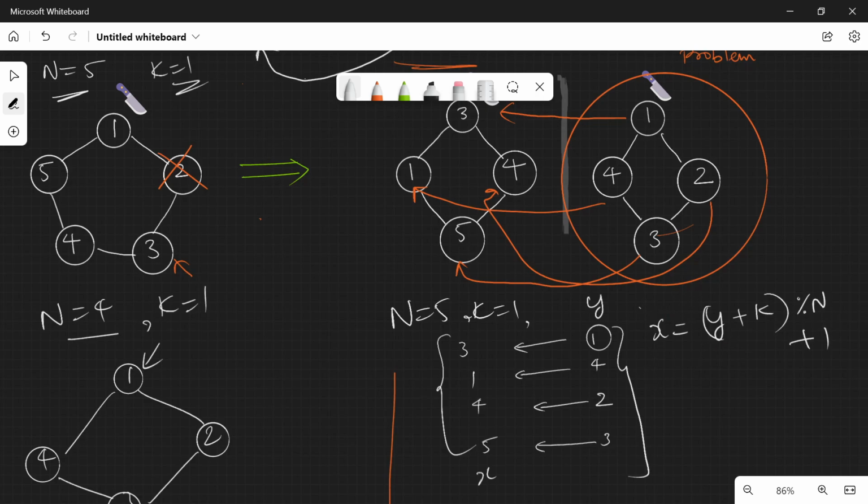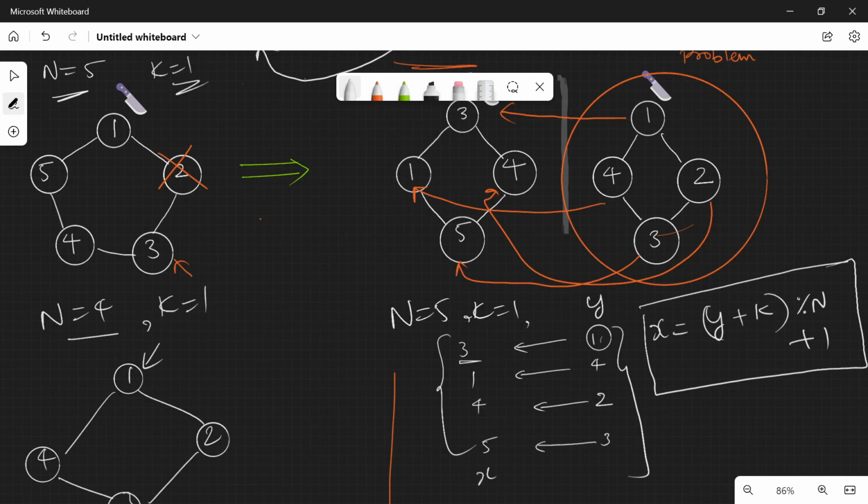You just cross check this equation. Will it satisfy for every y? Let's substitute 1 in this equation. 1 plus k is 1 plus 1, mod 5. 2 mod 5 is 2, 2 plus 1 is 3. Yes, we are getting it correct.